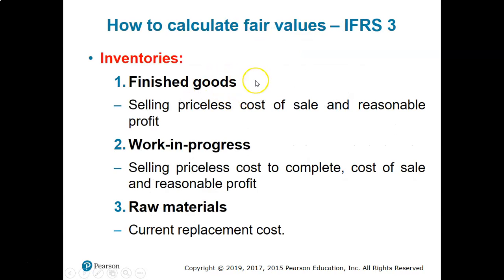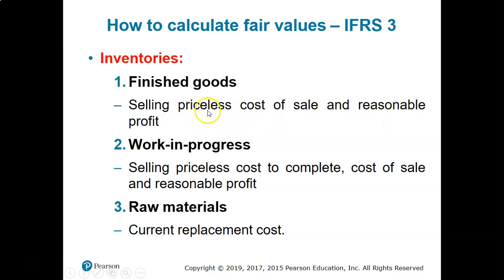Yeah, so how can we recognize the fair value of other items? For example, if it is inventories, what's the fair value? If it is finished goods, we should say the selling price less the cost of sale and reasonable profit.